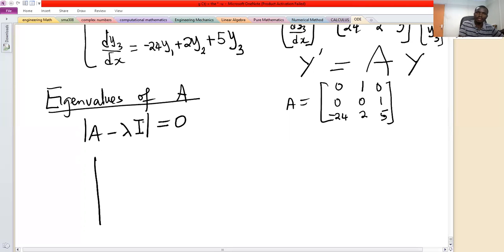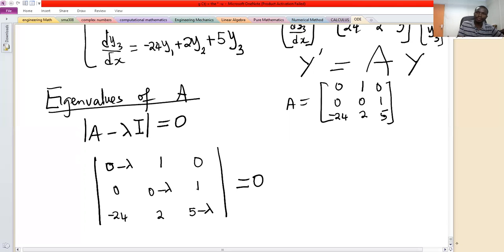When you subtract lambda I, you have 0 minus lambda, 1, 0; 0, 0 minus lambda, 1; minus 24, 2, 5 minus lambda. This would give us 0.